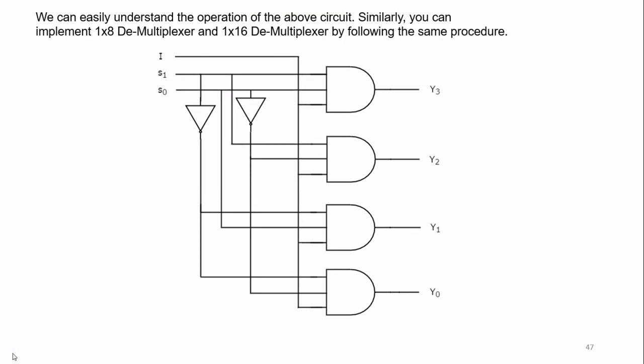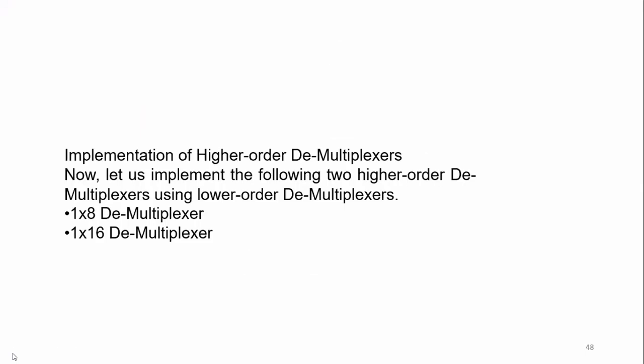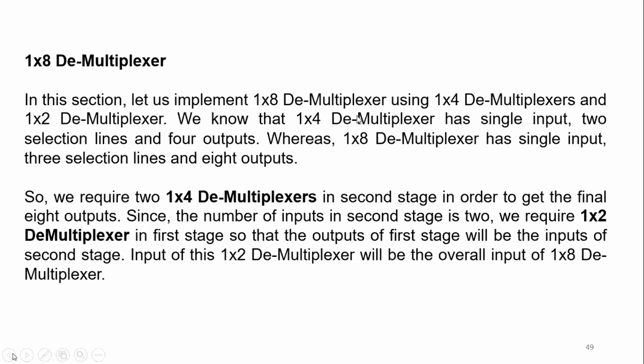Okay, like that, for a 1 is to 8 demultiplexer, we also have to think like the multiplexer. Okay, so now observe. I will give some underline that is highlighted.